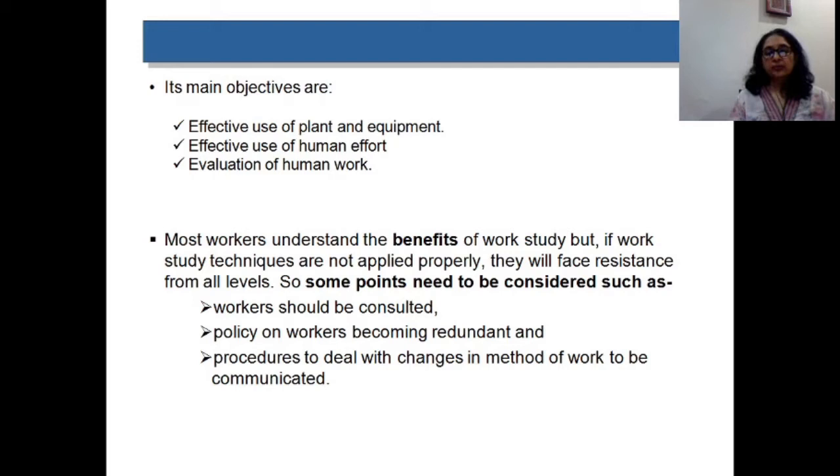And thirdly, the procedures to deal with the changes in the method of work. These procedures have to be laid out and communicated to the workers. So, if these points are taken into consideration, then if any kind of change comes in the way of doing work, there will be less resistance from the workers.